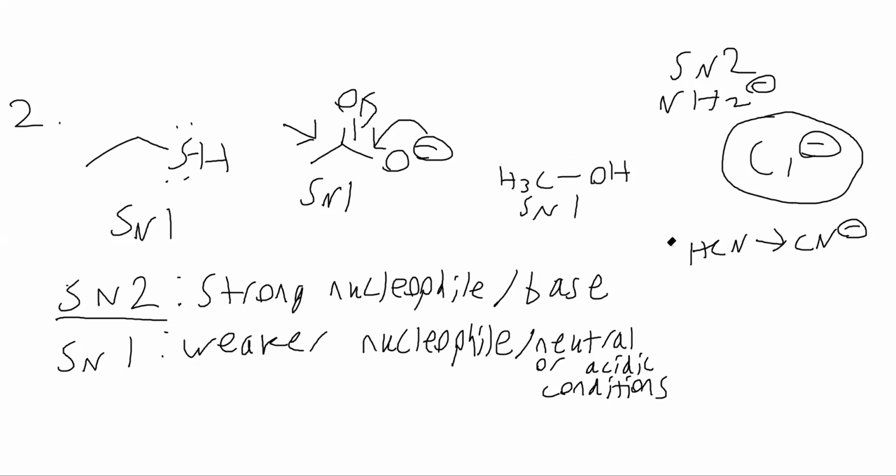I'm going to erase this. Okay, I do feel like this one is a bit more up to interpretation. It is the conjugate base of a strong acid, but a chloride ion can react by itself.